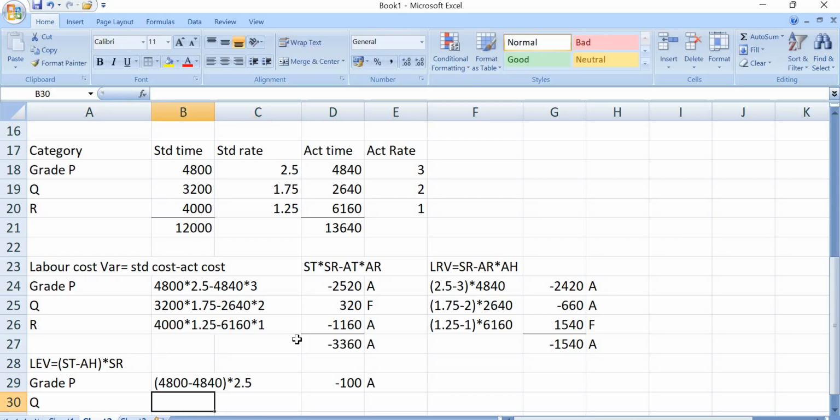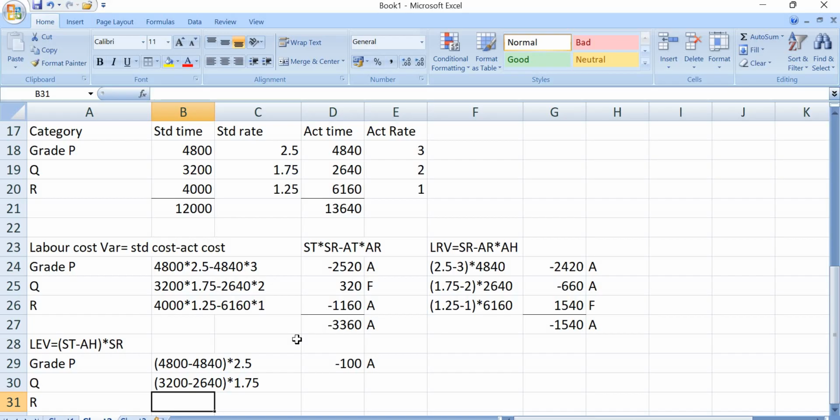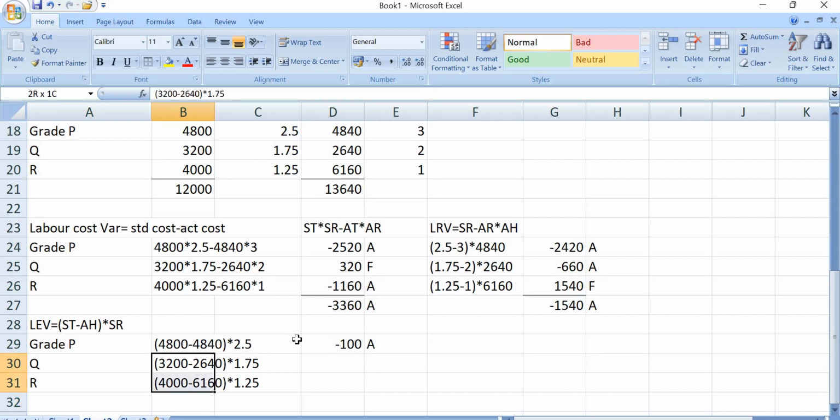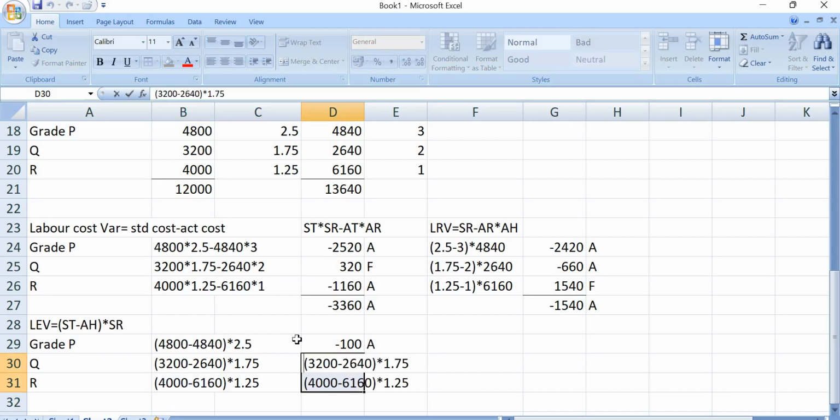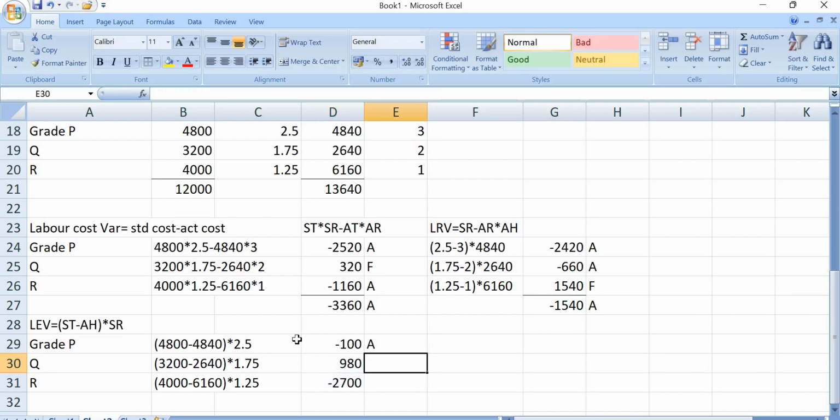So for Q, 3200 minus 2640 into 1.75, and for R it is 4000 minus 6160 into 1.25. So for grade Q we are having favor, and again this one is adverse. So together I am having 1820 adverse.